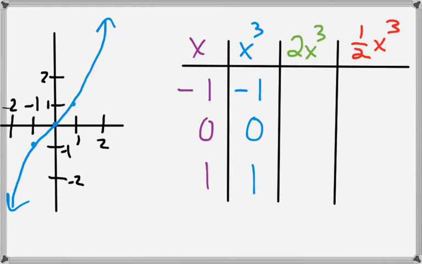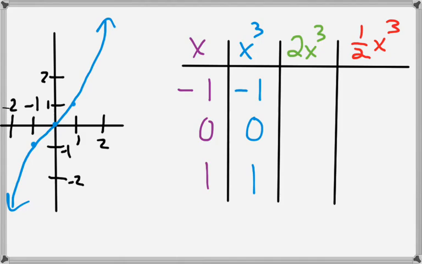Now if you think about what would happen if we substitute each of those same x values into the next function, y equals 2x cubed, you're going to cube the number first, right, and then multiply by 2 at the very end, because the 2 is outside of the cubing, it's outside of the original function.